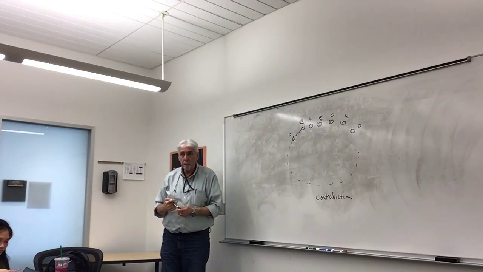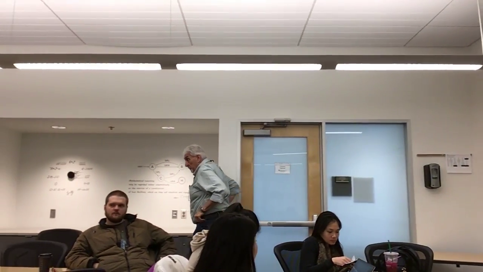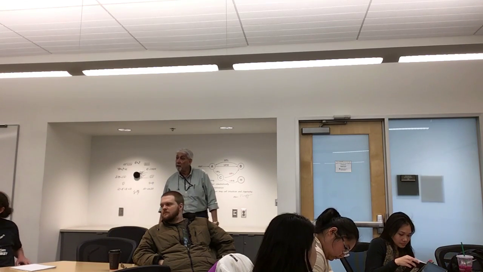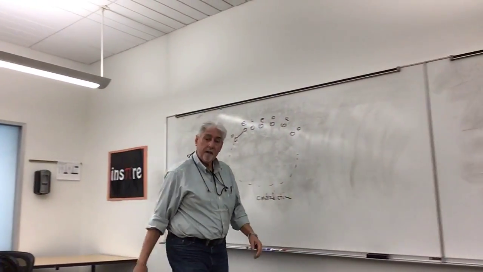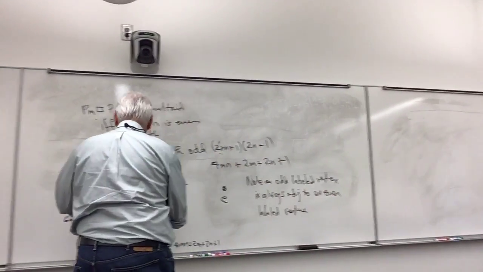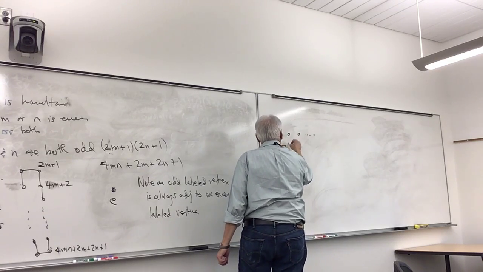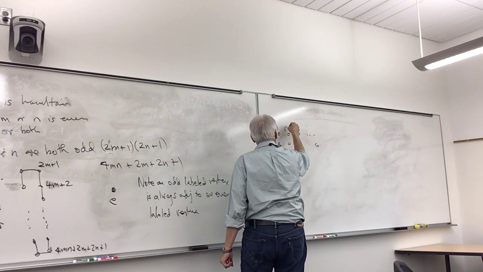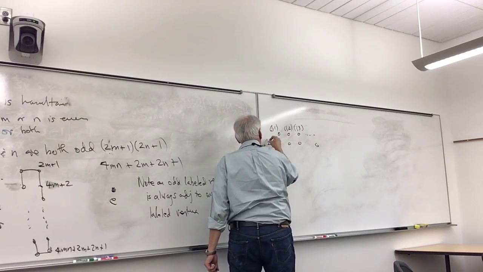Anybody have a different proof? Anybody prove it by induction? Any other approaches? So I have a label with two numbers, corresponding. Okay, wait. So you want to label these? Let me draw it up here again. So you had ordered pairs. So this is the first row, first column. First row, second column. First row, third column. And this is the second row, first column, and so forth.